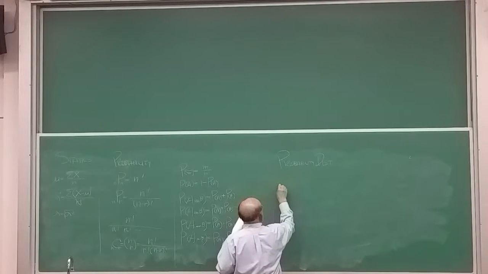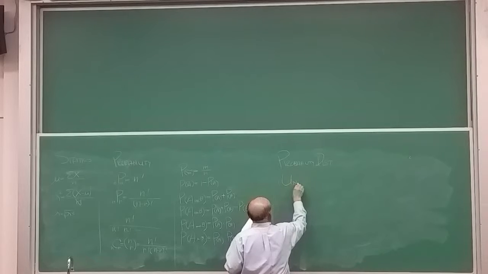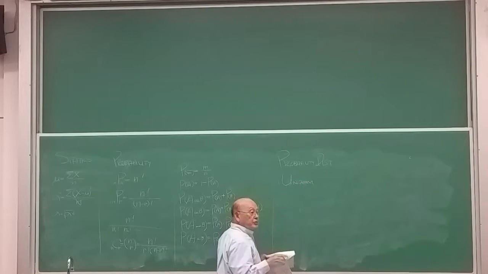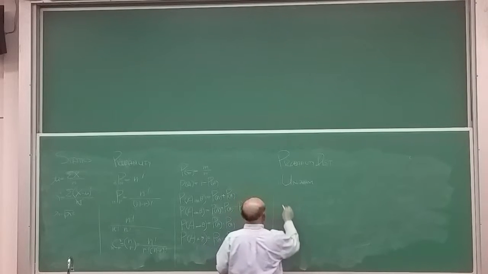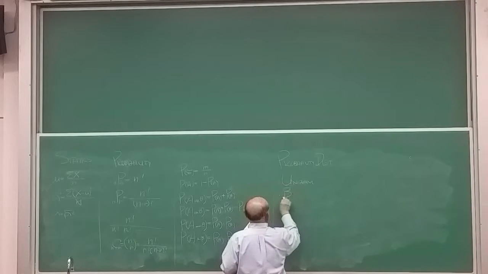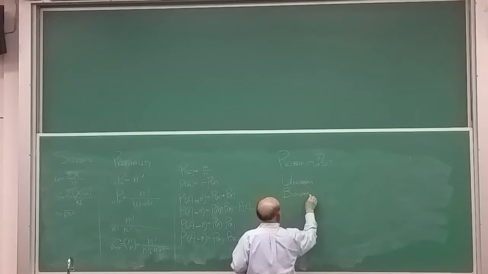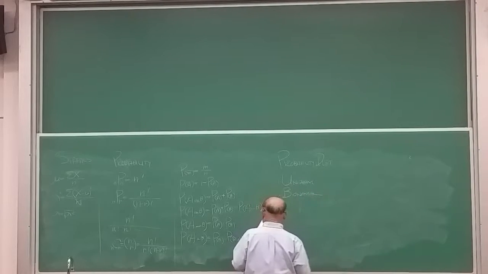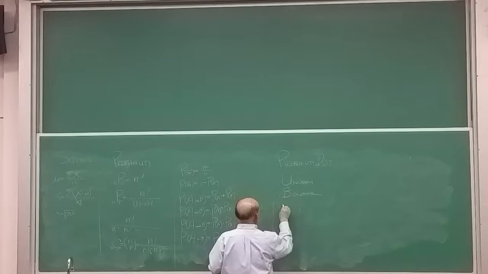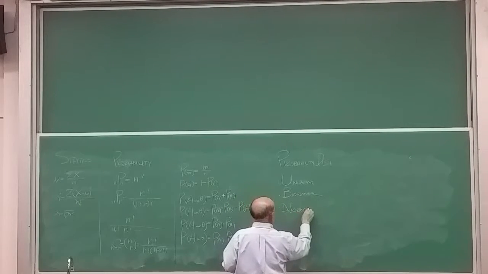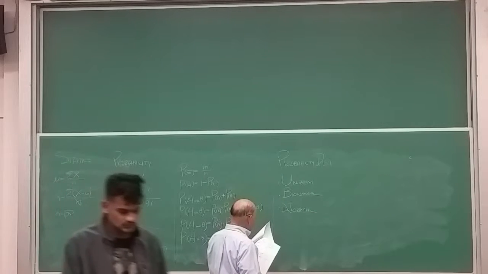First, we talked about uniform distribution. Next one is a binomial distribution. Next one is a normal distribution or Gaussian distribution.